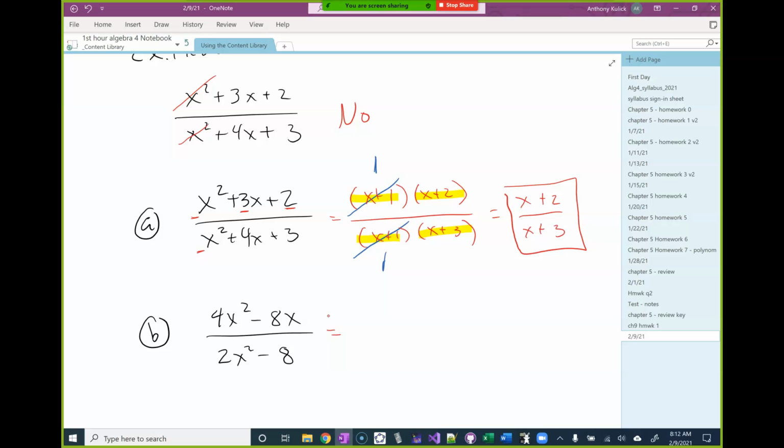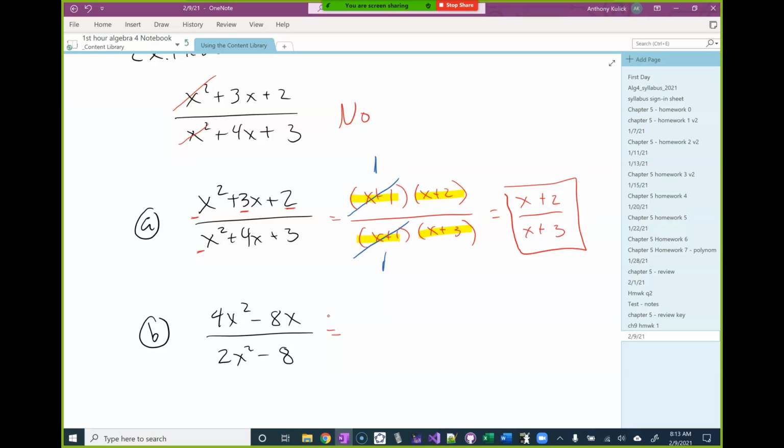Remember the first thing in the factoring tree, what do we look for? A greatest common factor. Do you see a greatest common factor in the numerator? 4x, right?